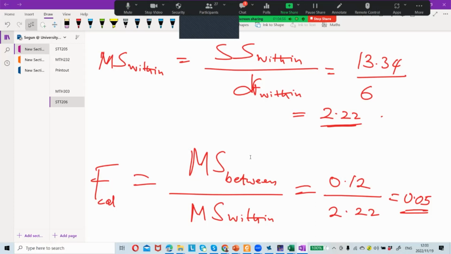I don't know what you've calculated though, because is this 0.2 divided by 2.22? It's 0.12.